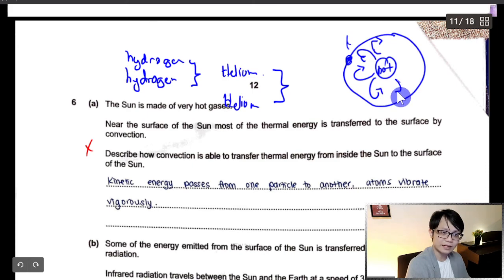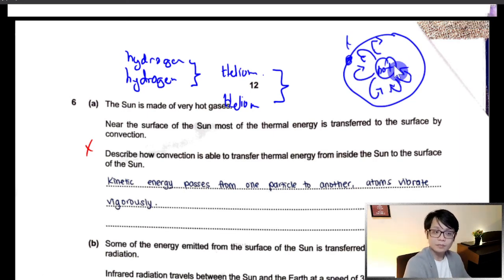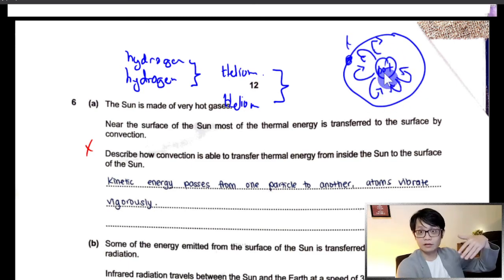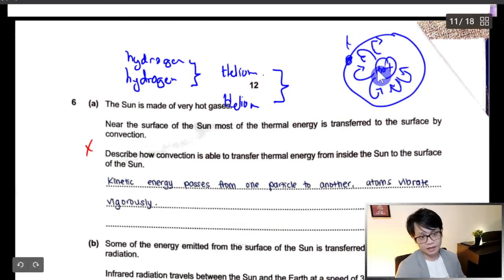Okay, so there is a convection happening in the sun, and also on the earth. If this is the earth, there is also a hot spot in the earth, correct or not? Then eventually there's a convection happening on earth, because the center core of the earth is very hot, and due to convection, the soil will move, hot will move up and cold will move down.